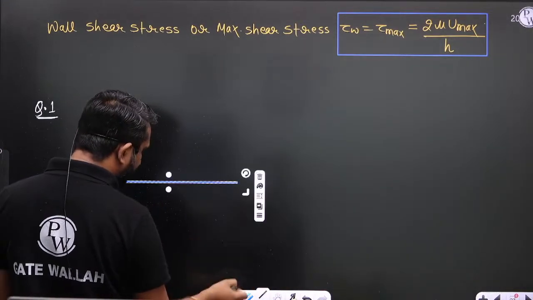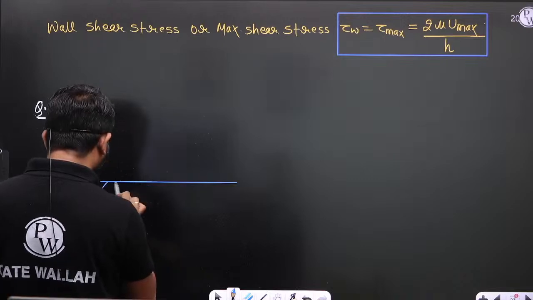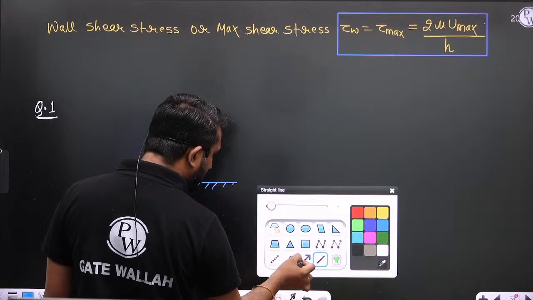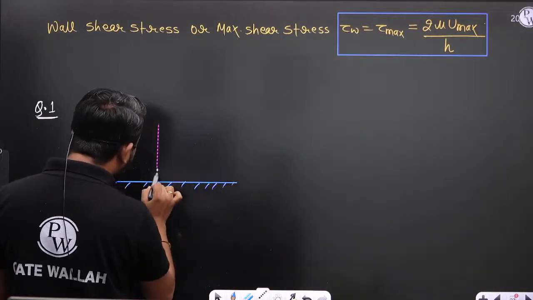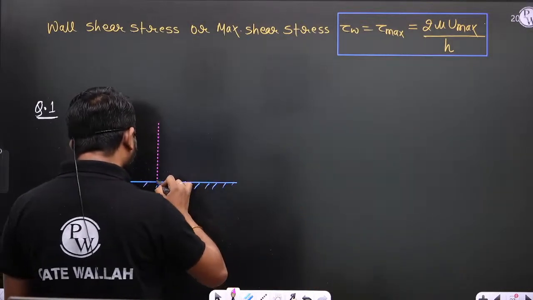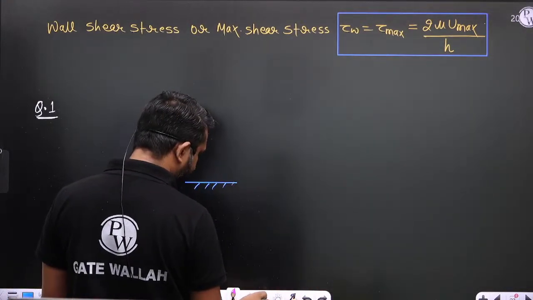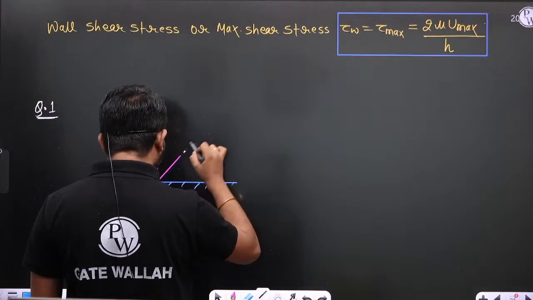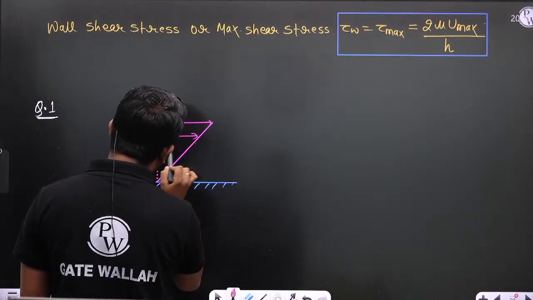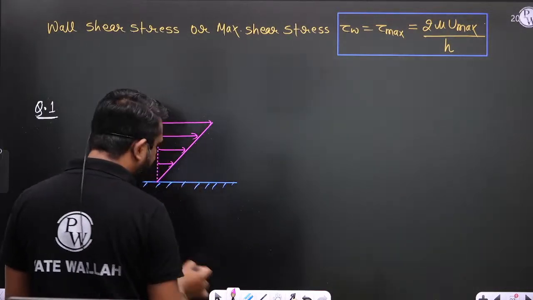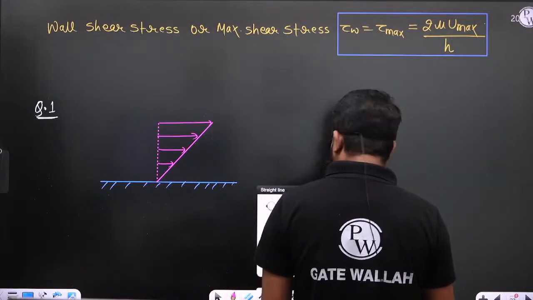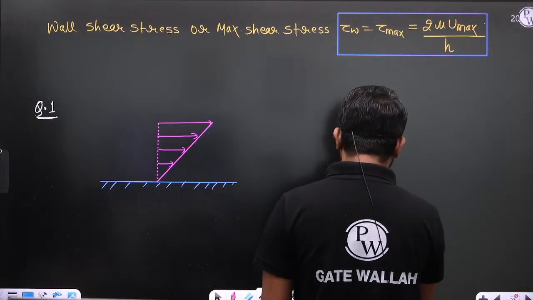Let us consider a plate, and this plate is fixed. Above the plate, fluid is flowing, and the fluid attains a linear velocity profile. Now consider another case.